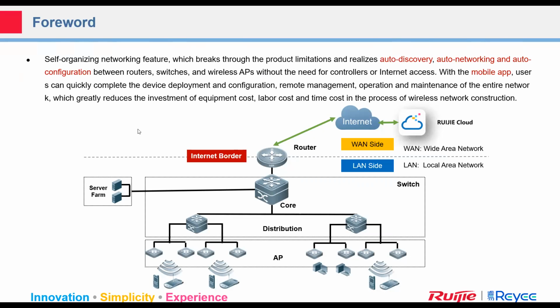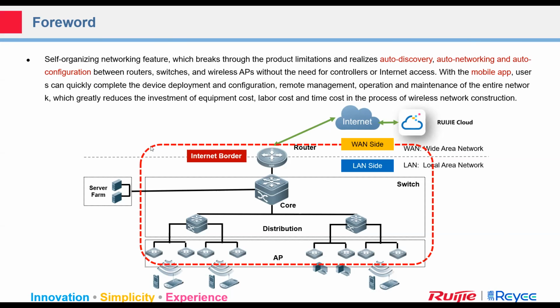This will greatly reduce investment in equipment cost, labor cost, and time cost. For SON, you can manage all of these networks from the router, from the switches, and from the AP.